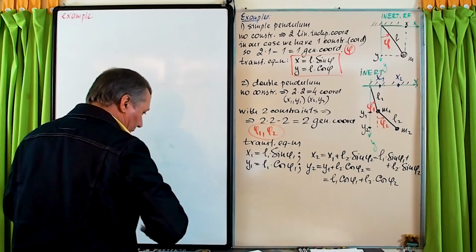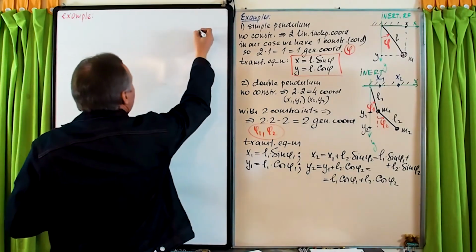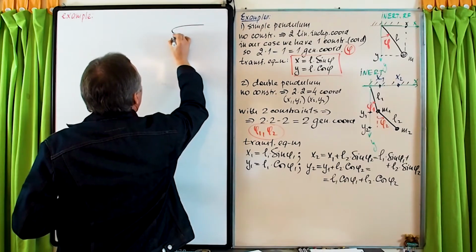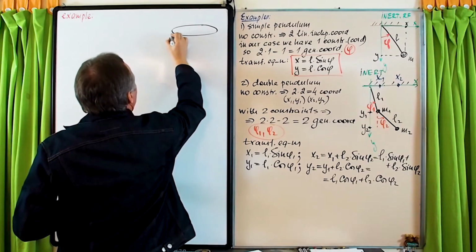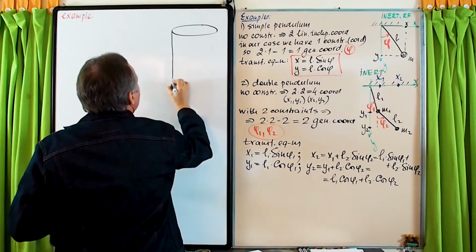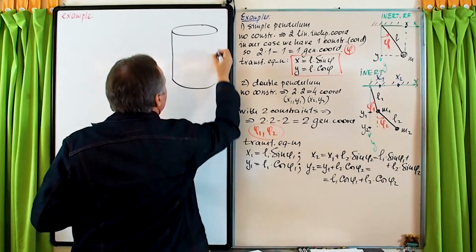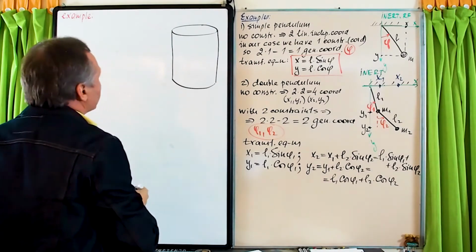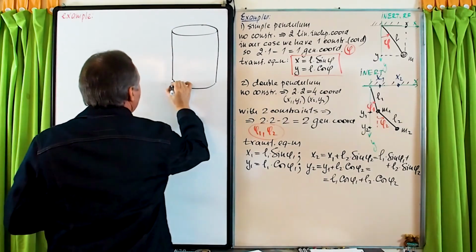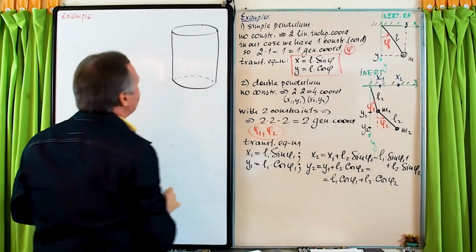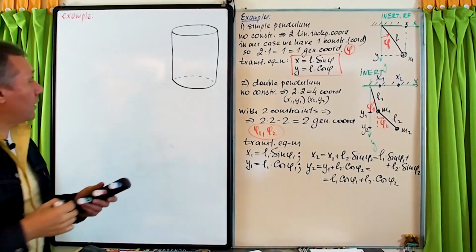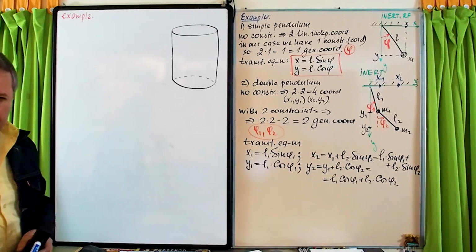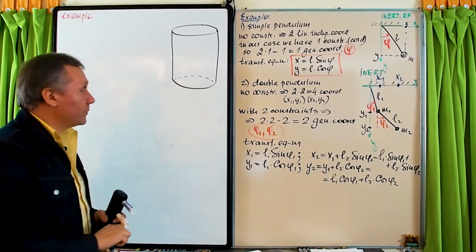Okay, so now let me probably draw a picture. So let's say this is my cylindrical surface. And let me position the coordinate system immediately. It will be more convenient for me to draw.